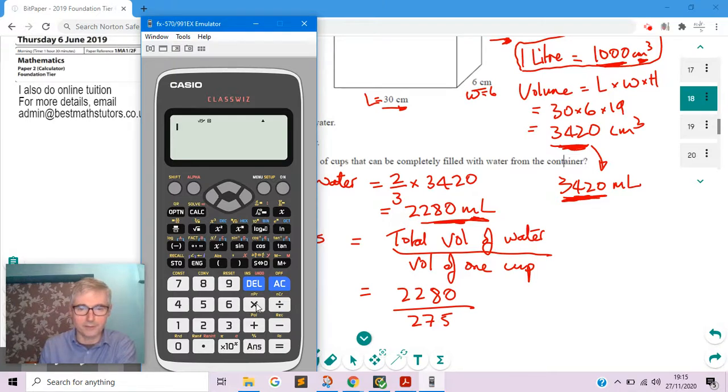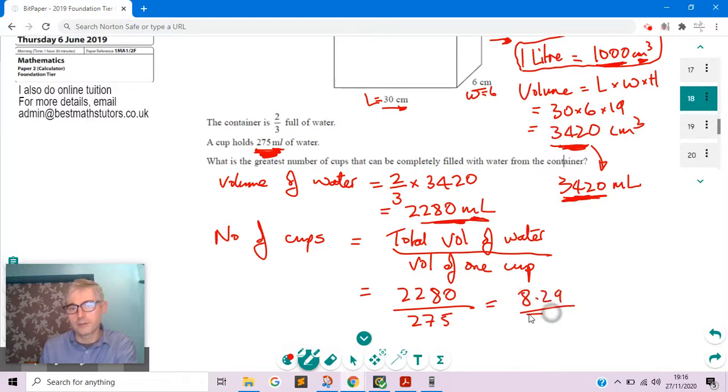So I'm just going to put that in like that. 2280 divided by 275. And we get that as a fraction. But if we press the SD button, it'll give it as a decimal. So there we go. So 8.29 to 2 decimal places.